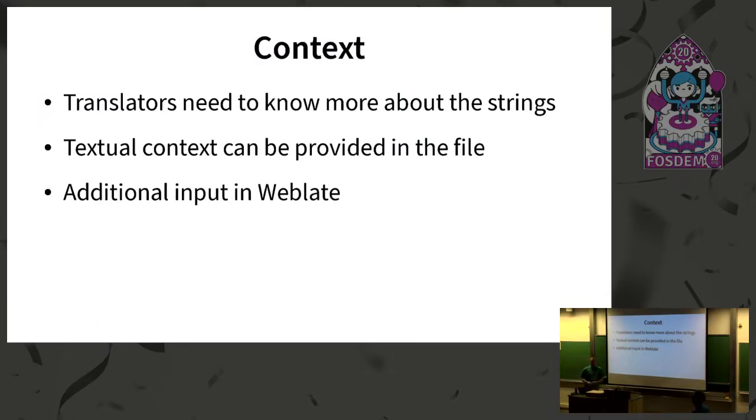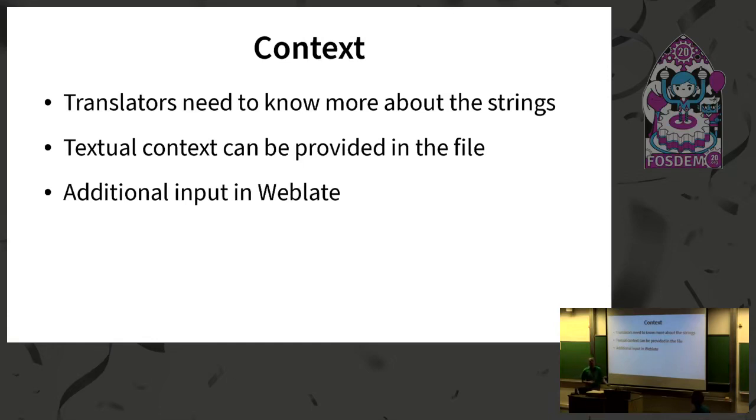The other thing which is important for translators is to know what actually they are translating. In many cases, it's not obvious what actual string is being used. Is it used as a button, or is it a label on some list? And in many languages, the translation would be different then. So one of the places where this can be specified is in the translation file already, like gettext is really good at that.